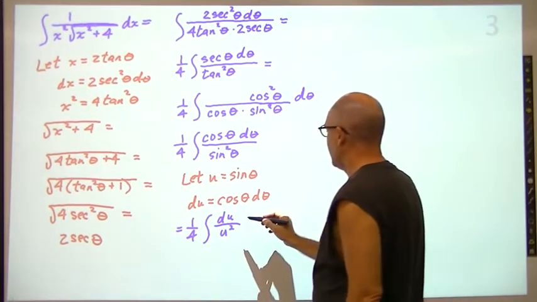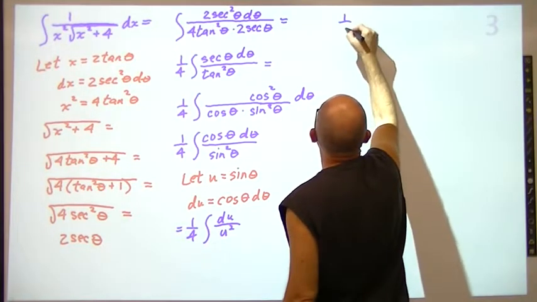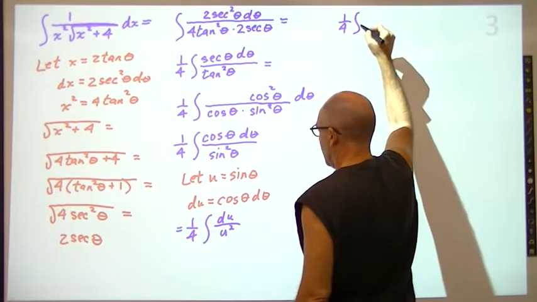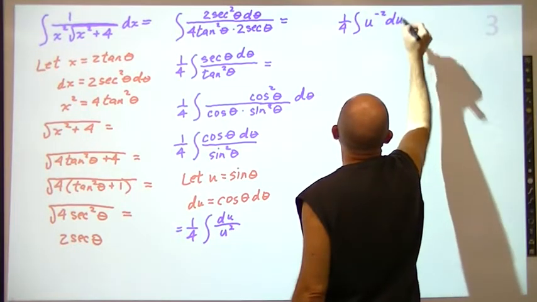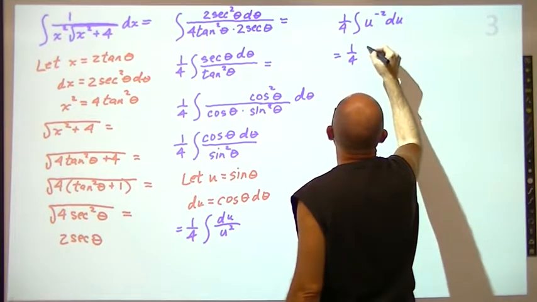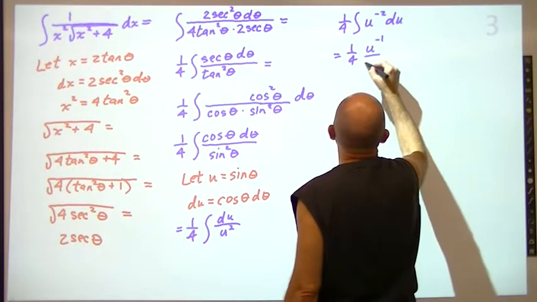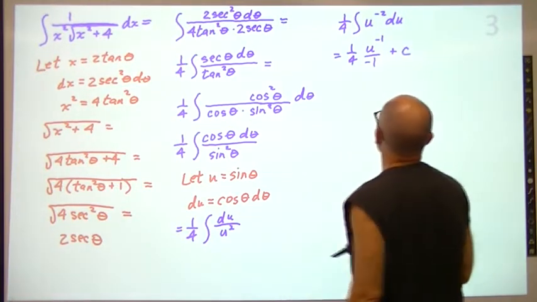So this becomes, well, let's just do it like this. It's 1/4 integral of u to the negative 2 du, which equals 1/4 u to the negative 1 over negative 1 plus c.